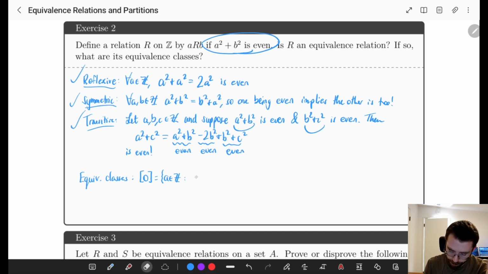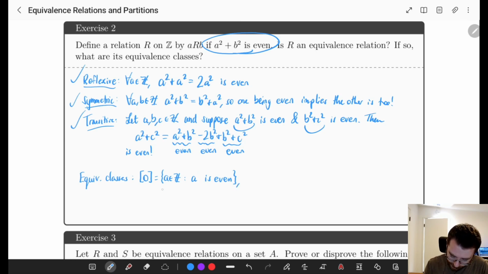But a squared plus 0 squared is just a squared. So it's the set of all integers whose square is even. What do we know about integers like that? Well, the square of an integer is even if and only if that integer is even. So this is actually the set of all even integers.